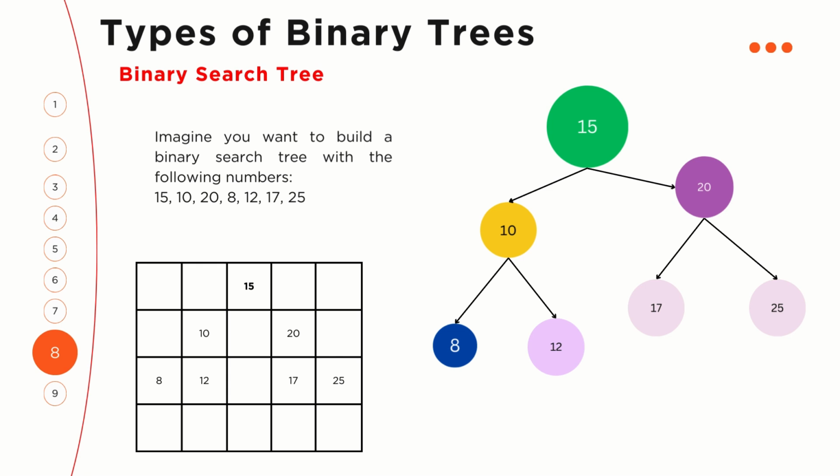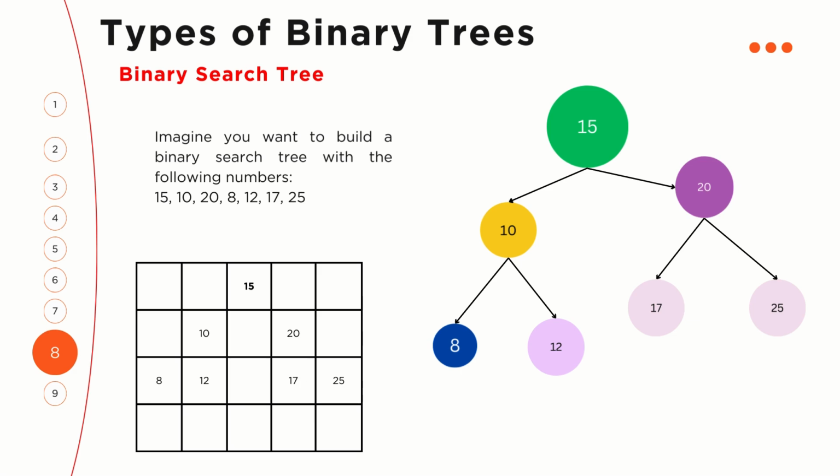Now, we have this rule that any number which is less than the root or the parent goes on the left, and any number which is greater than the parent or the root goes on the right. So my first number here is 15, so that becomes my root. 10 is the next number.